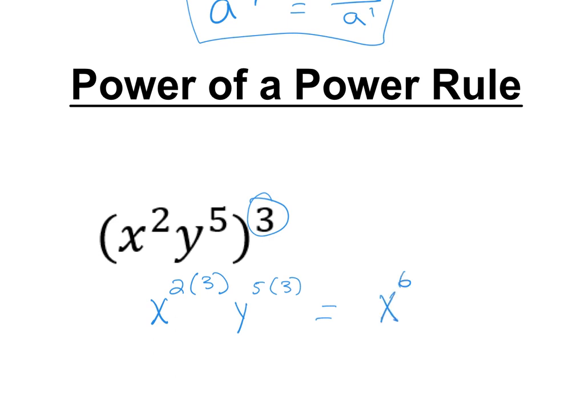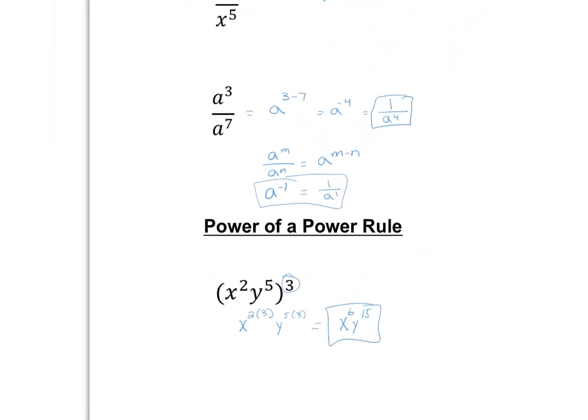X to the 6th, y to the 15th. There's your solution. 2 times 3 is 6, 5 times 3 is 15, and you're done. So power to power, you multiply. Quotient, you subtract. Product, you add. Those are our 3 rules for today.